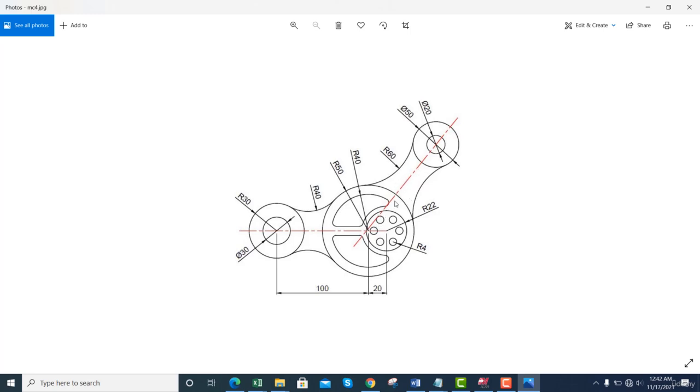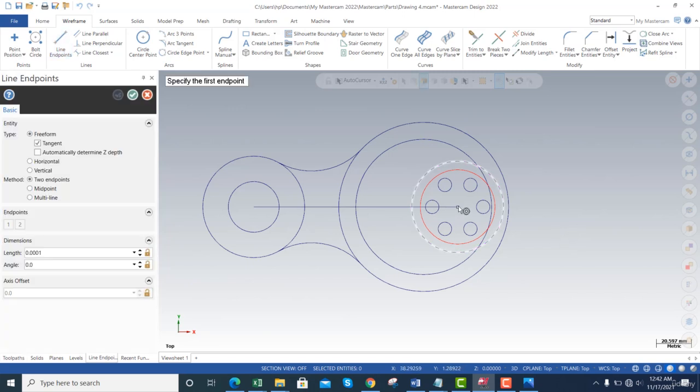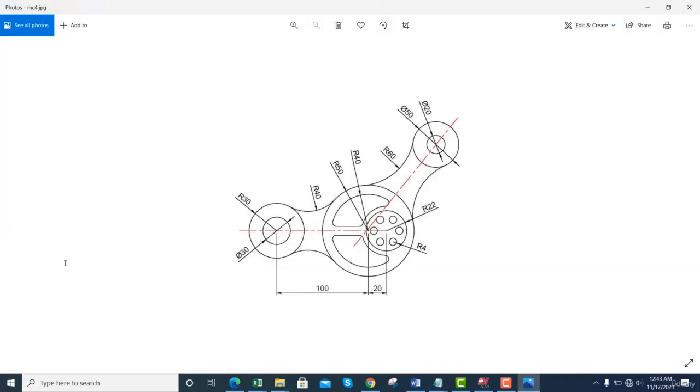I will create a line that will be at an angle of almost 90, let's say almost 120 degrees. Okay, so one more point like this. Okay, so its angle will be, the length we don't have, so let's make a guess, 60 plus 25.